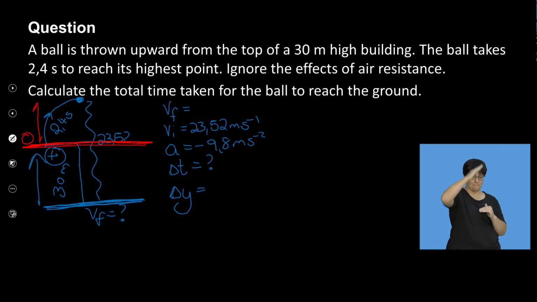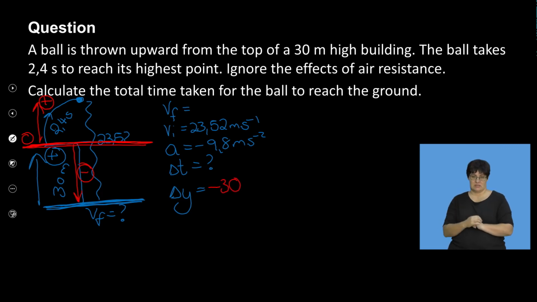Anything that goes above it, so any displacement above that is positive. Anything below it is negative. This is minus 30. That's the big thing here. That's very much the big thing here. So here we've got to pay attention.